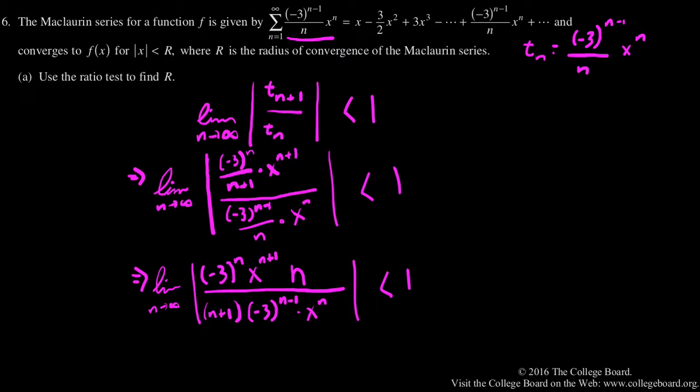Alright, and so a few things to do. We have (-3)^n and (-3)^(n-1). That divided by that is going to be -3 in the numerator. We have x^(n+1) over x^n. That is x left over in the numerator.